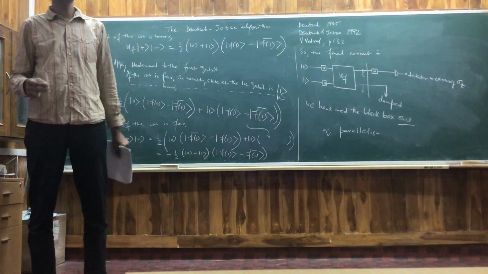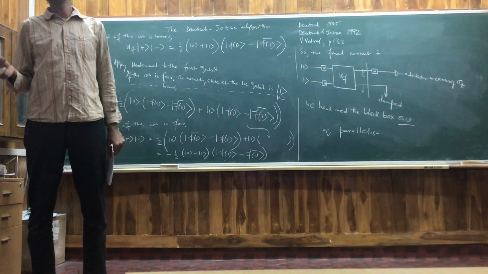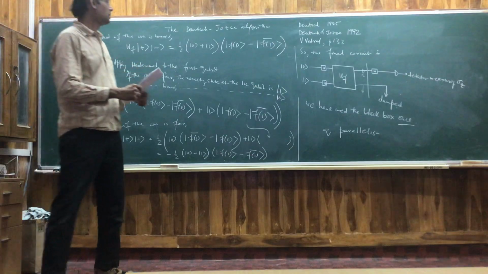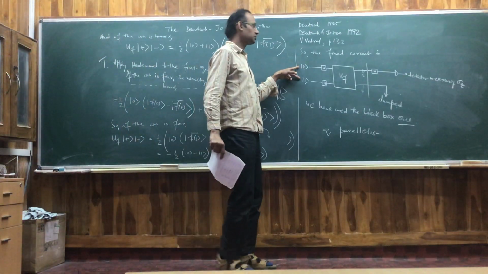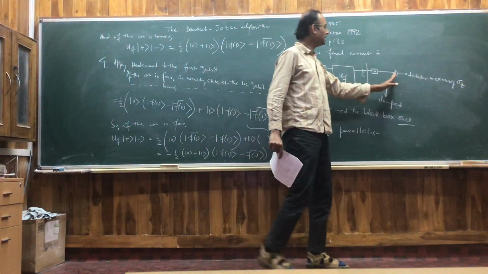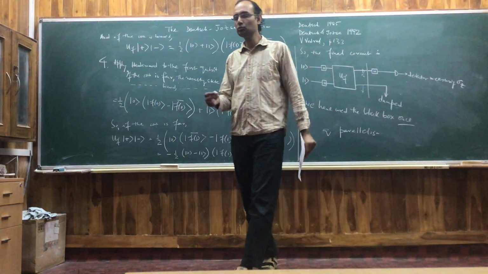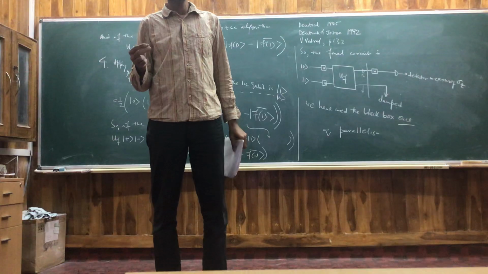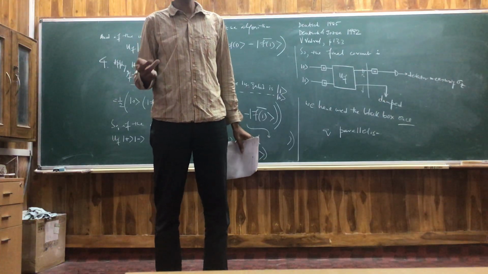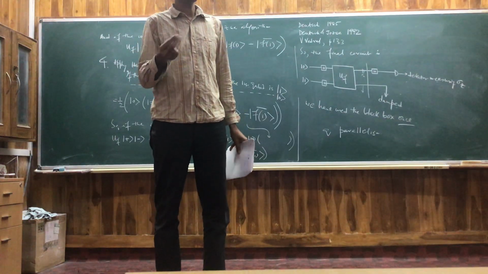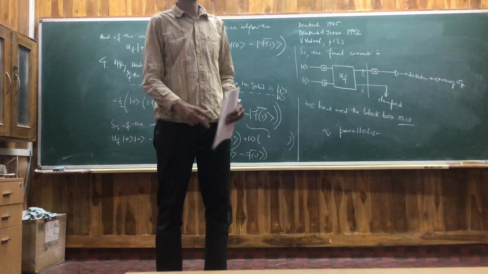The point is that for quantum circuits, it is important that you begin in the computational basis and at the end you measure in the computational basis. Otherwise, you can be misled by the amount of resources that you require.